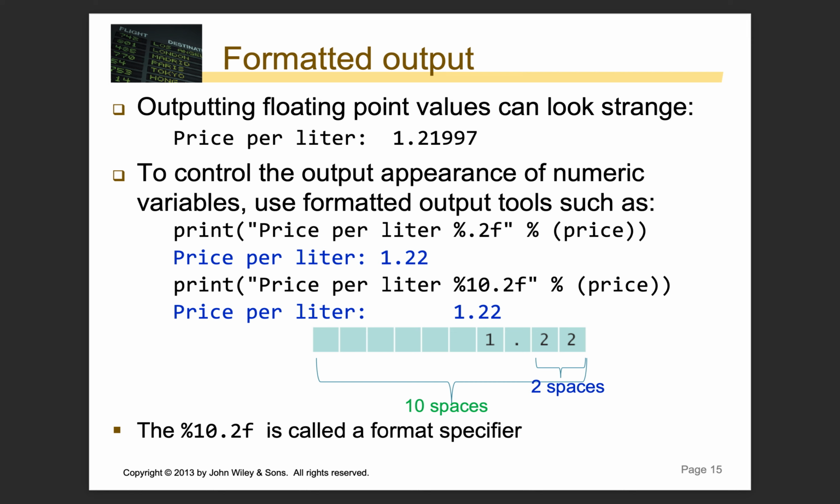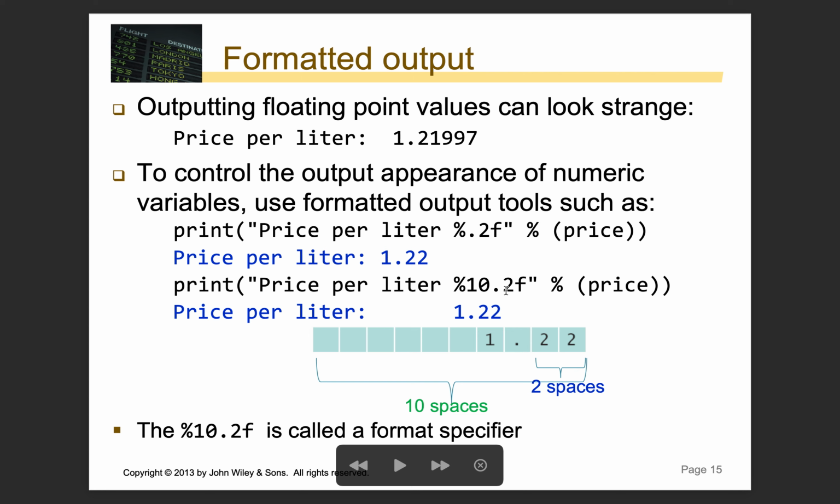So to control the output appearance of a numerical value, we can use formatting tools such as %.2f or something like %10.2f. What these do is format how the variable is going to be displayed. So the %.2f is going to display only 2 decimal places. So instead of displaying 1.21997, we actually only represent 1.22.